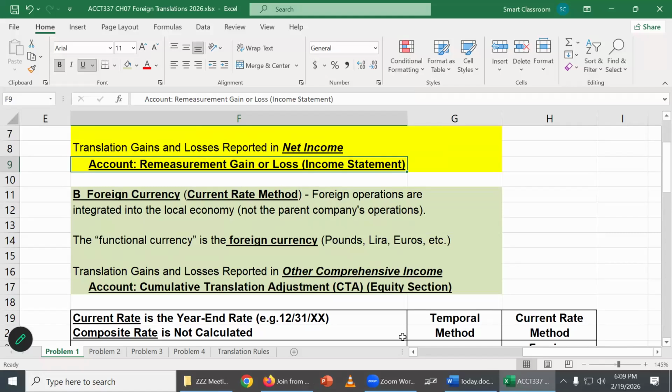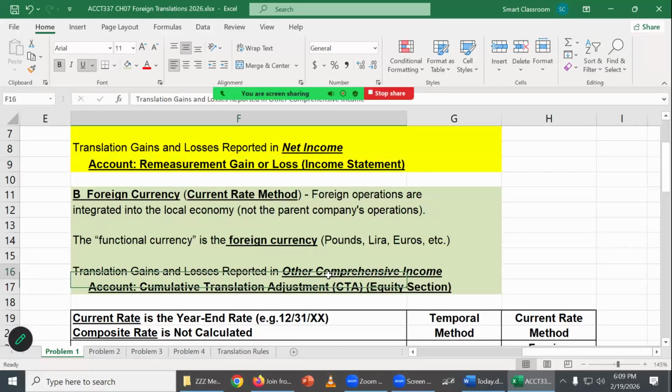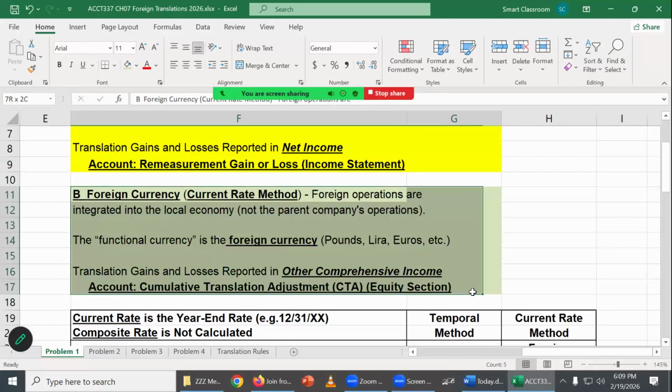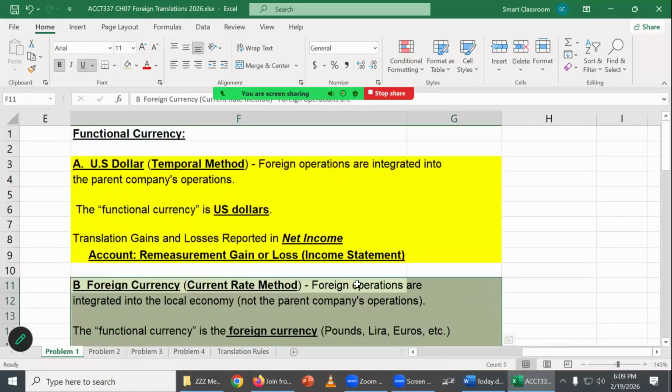That one is actually a little less complex because we don't do too much with the translation, since they're not directly translated into US dollars. They exist in their local currency, and it's almost like a very current market for the currencies rather than the historical ones.